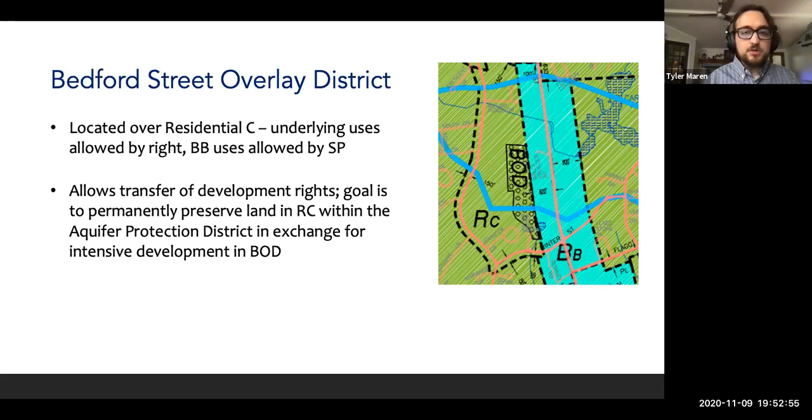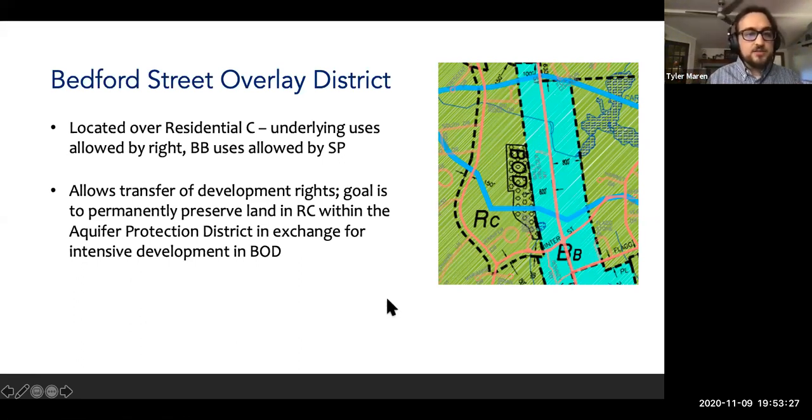But this Bedford Street overlay is interesting. There's a strip of business district in the northern part of Bedford Street, and this overlay is off to the side of that. The underlying zoning there is residential C, not business. The purpose of this is to cluster the commercial development into a smaller, more intense area while conserving more open land permanently within the Aquifer Protection District.